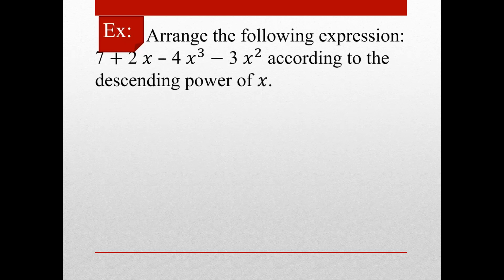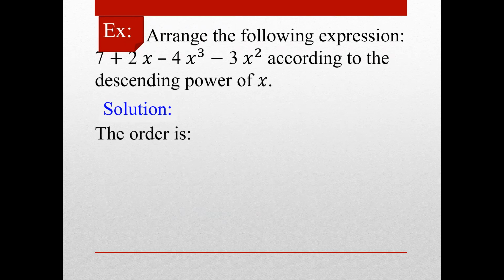Another exercise, arrange the following expression 7 plus 2x minus 4x power 3 minus 3x power 2 according to the descending power of x. Descending means from the greatest to the smallest. The greatest one is what?